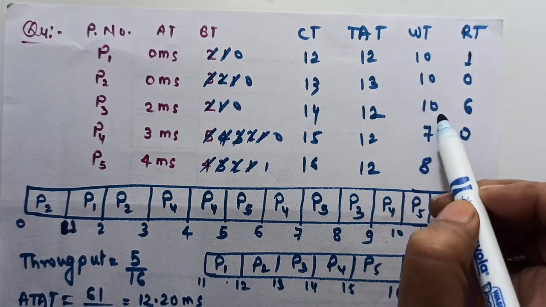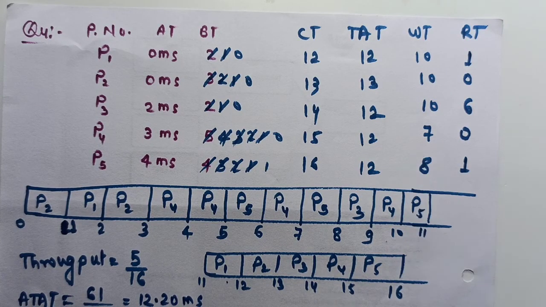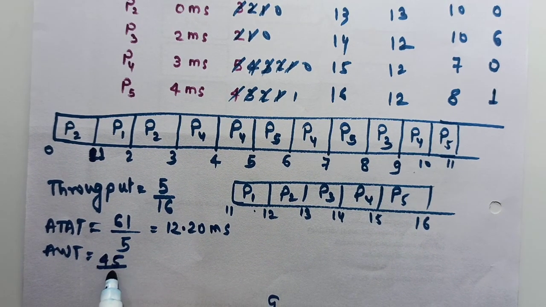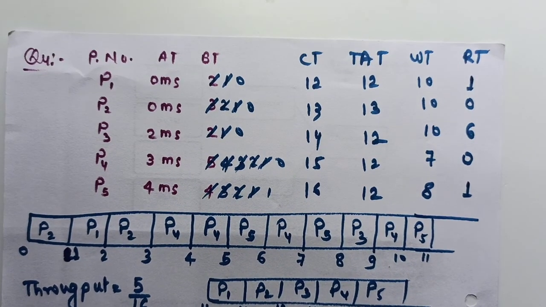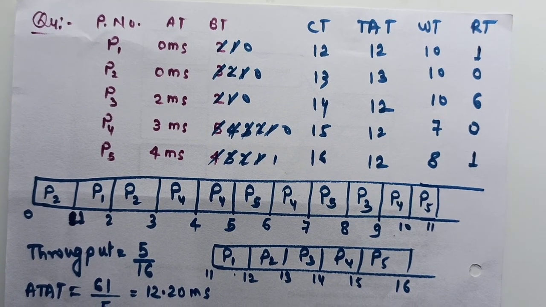See, 30, 37, 37 and 8, 45, right? So average waiting time हो गया 45 divided by 5 is equal to 9 millisecond. So in this way you can calculate any performance criteria, ठीक है? But you should be very careful when you are scheduling using LRTF. Okay?